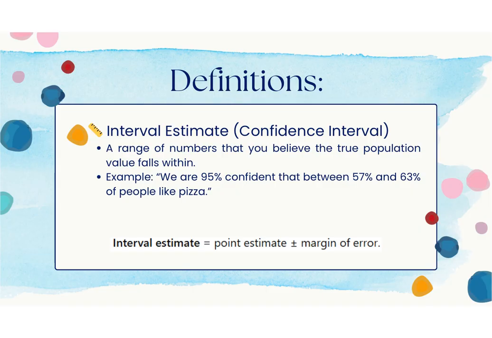So we can summarize that your interval estimate is your point estimate, plus or minus your margin of error, and that will find you your upper interval and your lower interval.